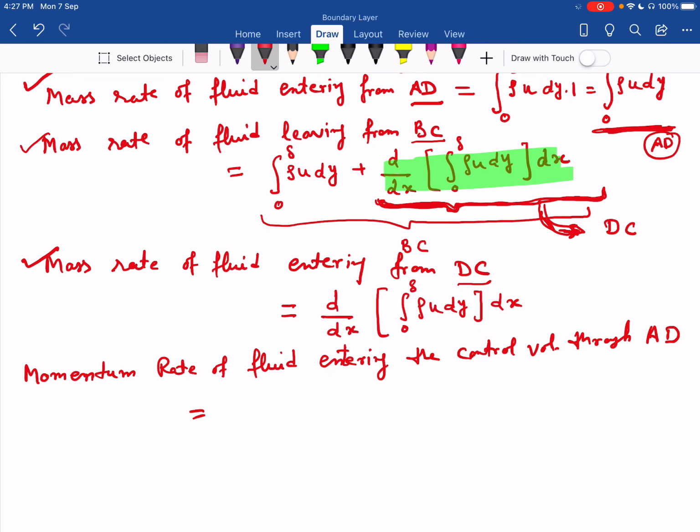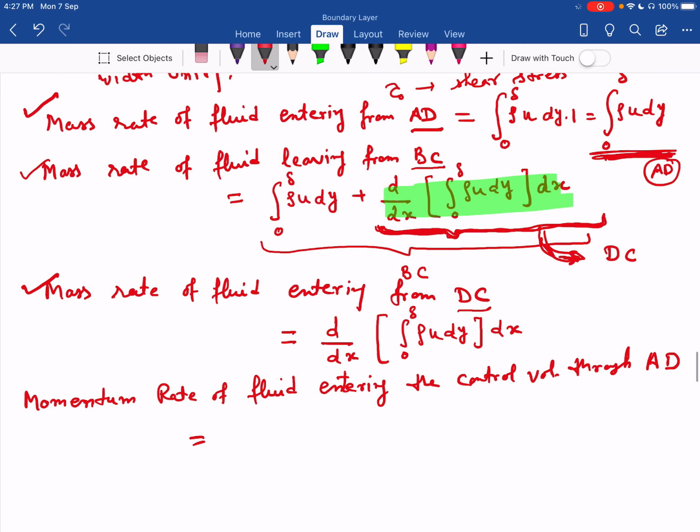So mass is this much, the mass is this much. So multiplied by the velocity of layer. So you can write this as rho u dy 0 to delta into u. Okay, so simply you can write it as u square.